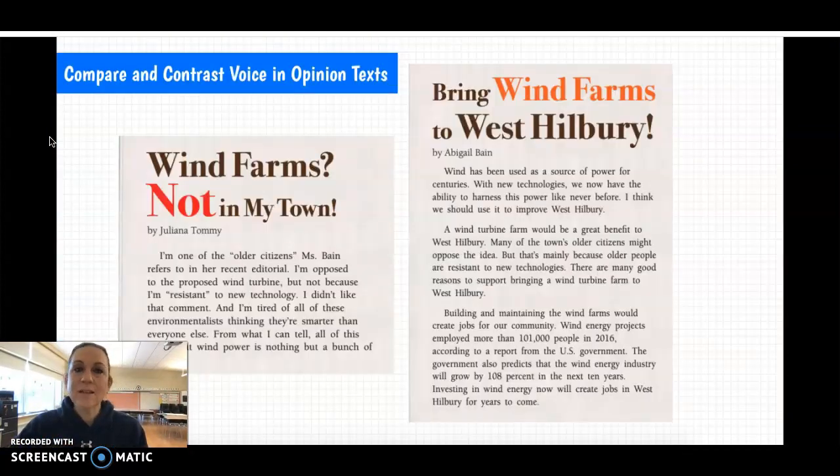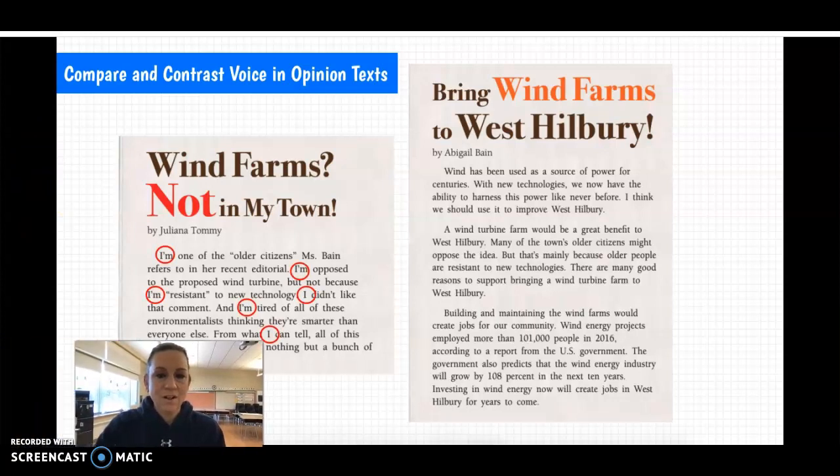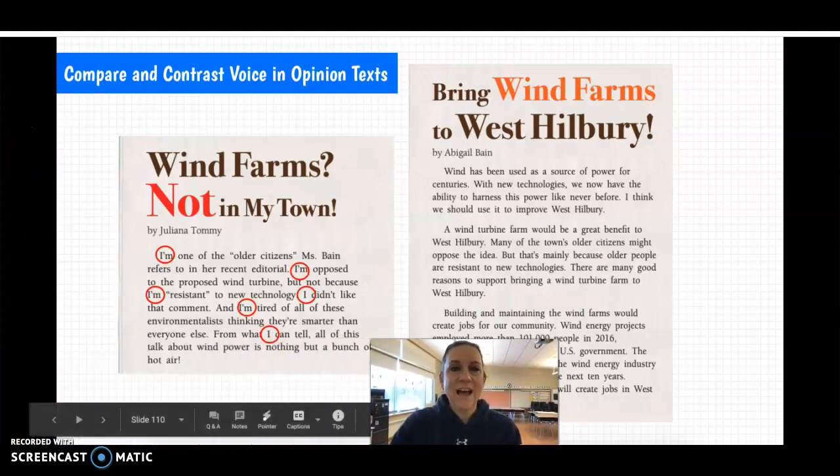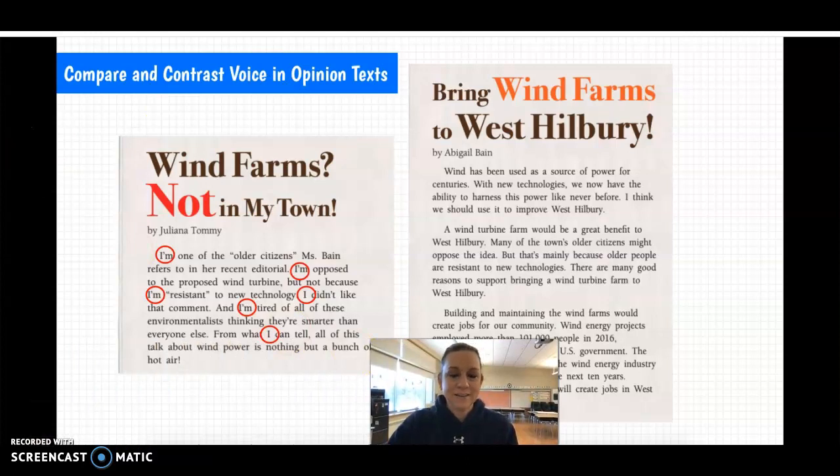Okay, so let's compare and contrast voice in opinion texts. Let's take a look here. I've circled all of the I's in this paragraph. That language is personal. You're talking about what you think.